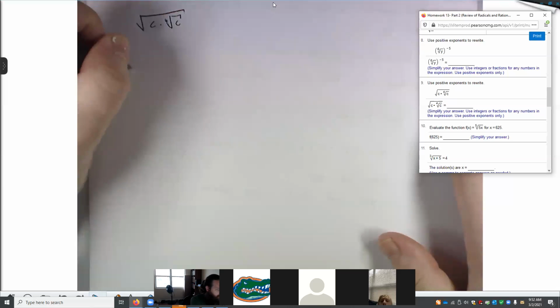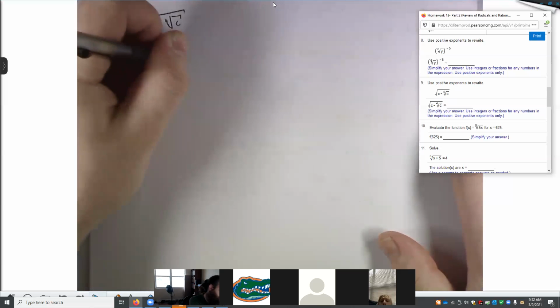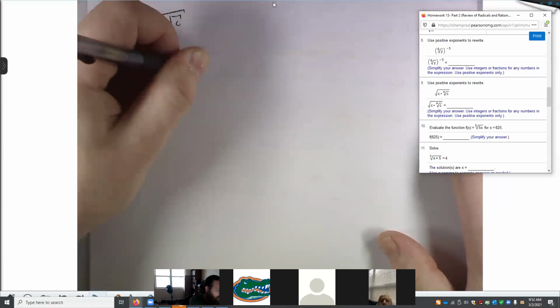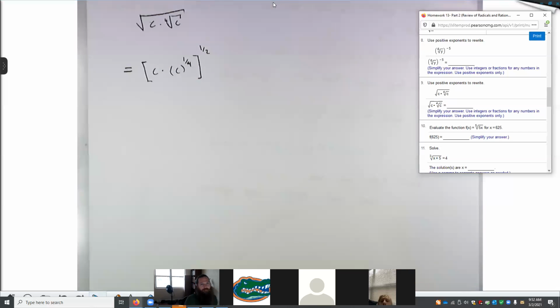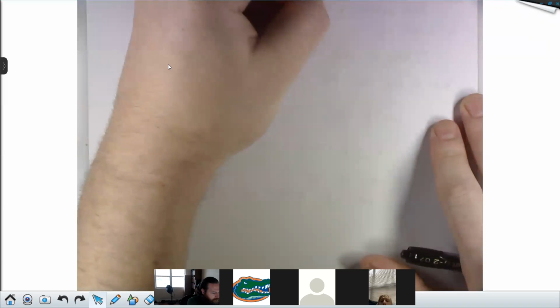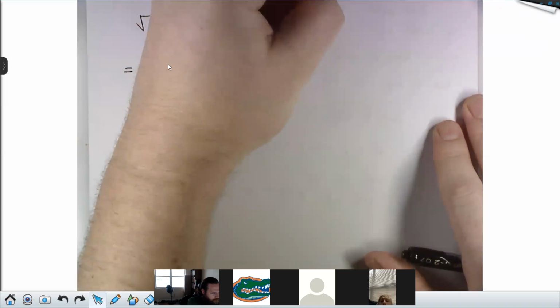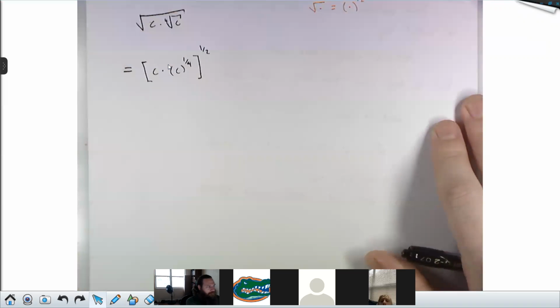My first step would be to rewrite this as c times c to the 1/4, all to the 1/2. This outer root is a 1/2 power, and the inner root is a 1/4 power. The square root of some stuff is the same as that stuff to the 1/2 power.